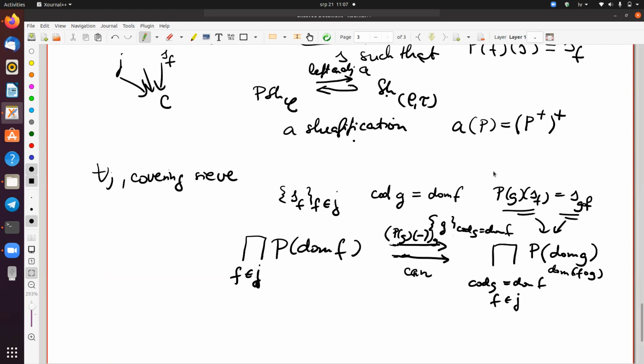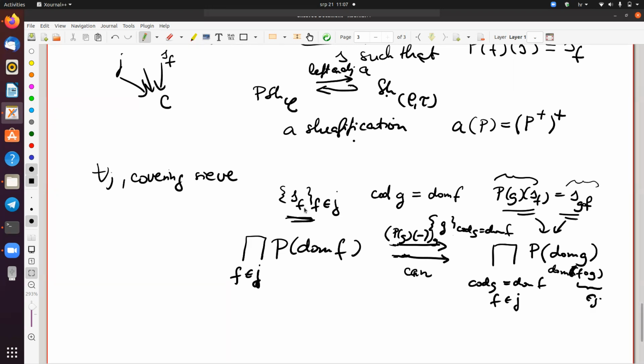So the left hand side comes from above. The lower side comes from below. The right hand side is below. So simply don't care here about anything. You can read here the whole family, and this domain of G, or domain of F composed with G, can be read here, because this composition is also in J. This is in J, so it can be read here.